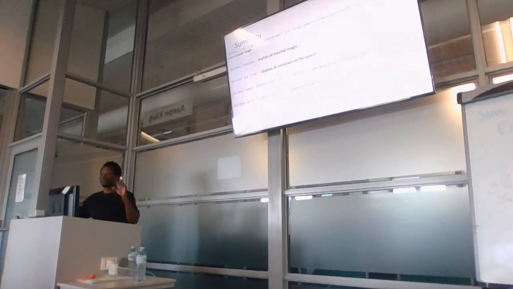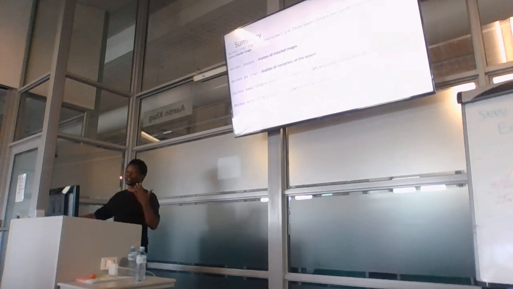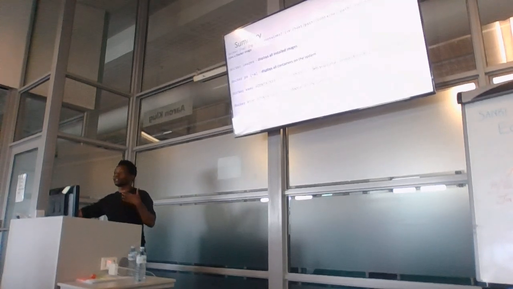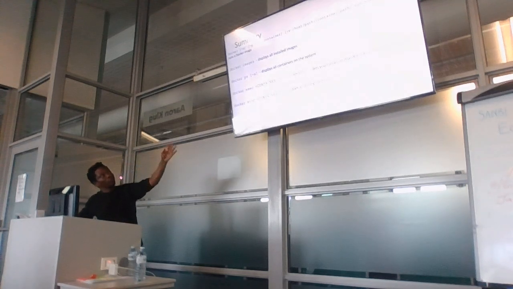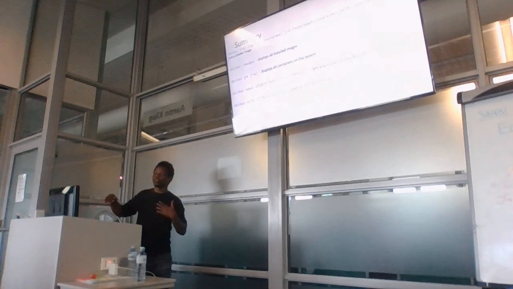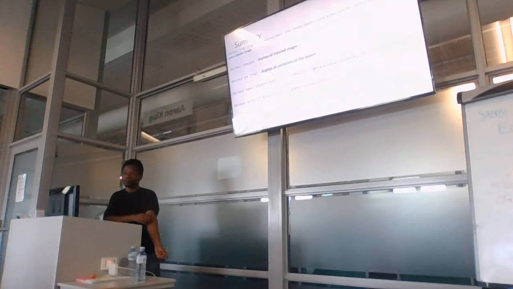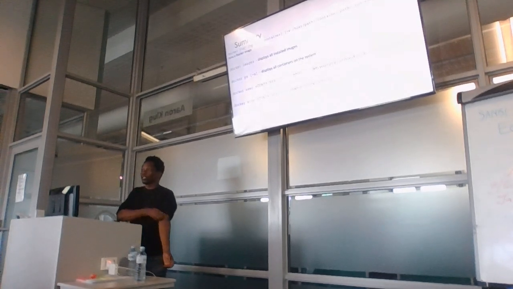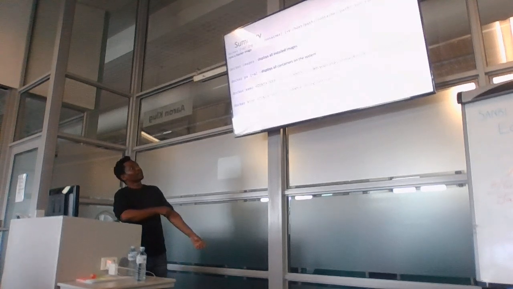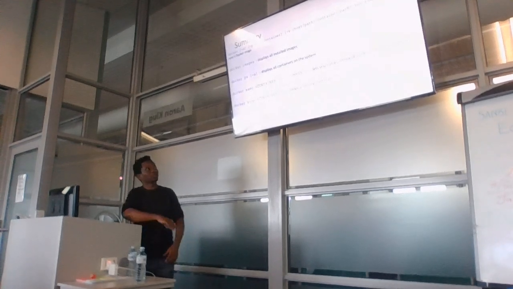We know the difference between images and containers, so you can spin off multiple containers from a single image. We know how to look for running containers using the docker ps command, and how to stop them using the docker stop command. And we also know that we can execute arbitrary commands in our container using docker exec.